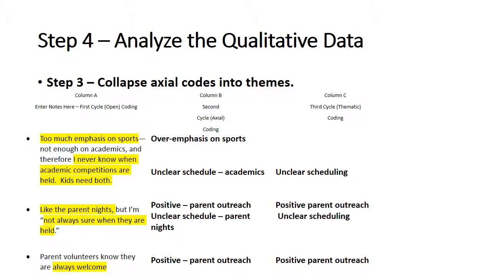So the idea is to get the open codes into fewer axial codes and the axial codes into even fewer themes. People ask, how many themes should I have? The recommended amount is somewhere between 3 and 6 or 7. If you have fewer than 3, it may be that you're collapsing things into 2 general categories, and you need to look for some finer distinctions.